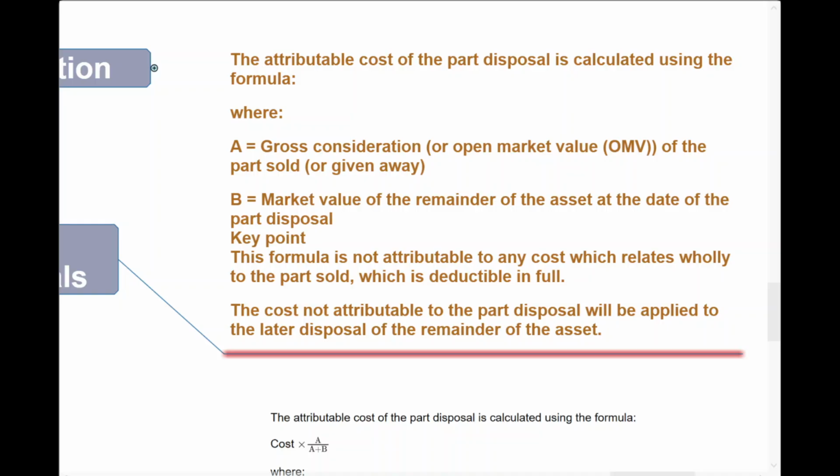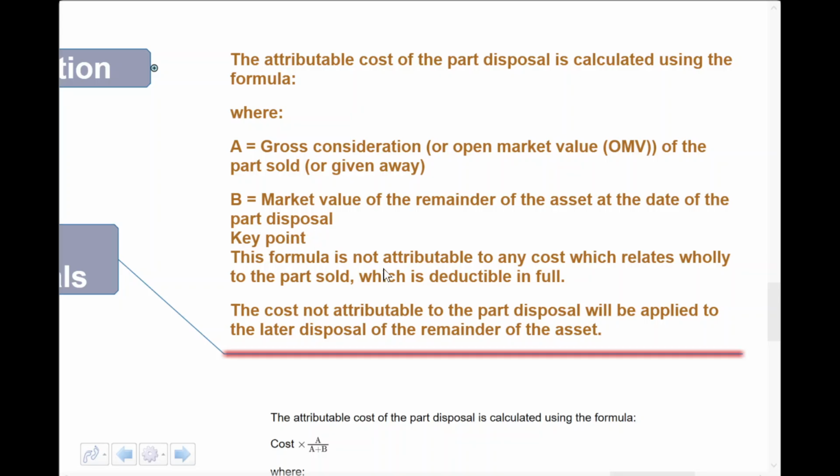So in essence, what we need to do is recognize that when you part dispose of something, it may well be that the balance isn't just proratable. Okay, that's the key point. Now I'll open up the fraction in a moment down below, but just take it from me that A and B have got to be slotted into the formula below.